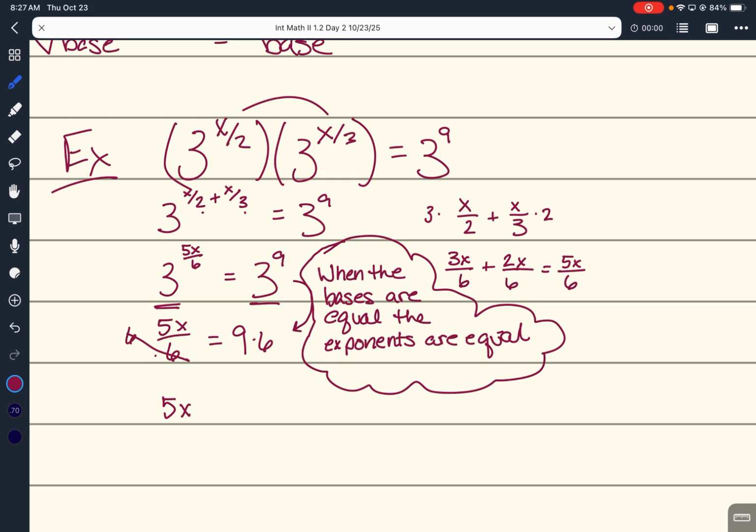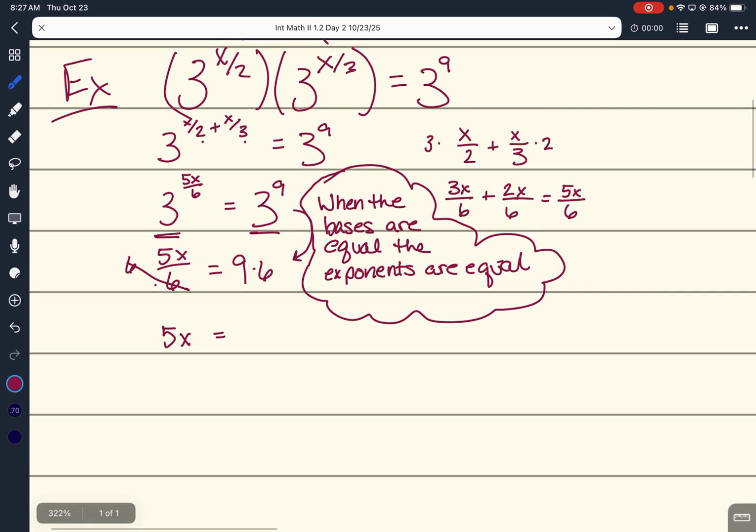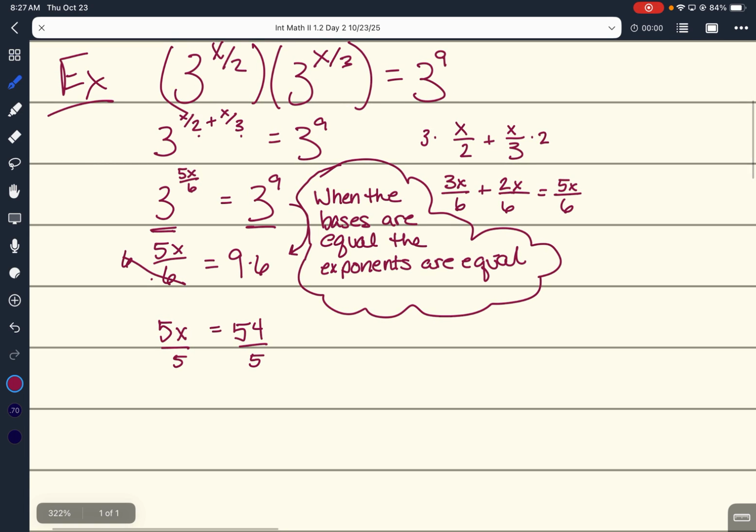So I have 5x equals, and 9 times 6 is 54. Then that's 5x, so I divide by 5. So x equals 54 over 5. And you're not going to get whole answers every time. Not going to happen. Okay?